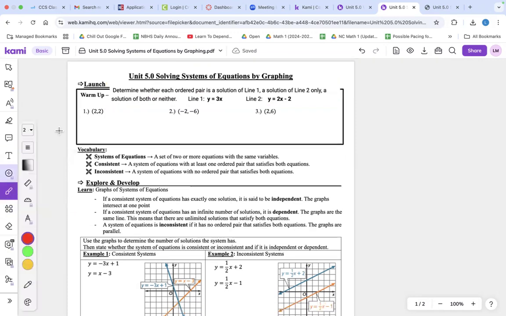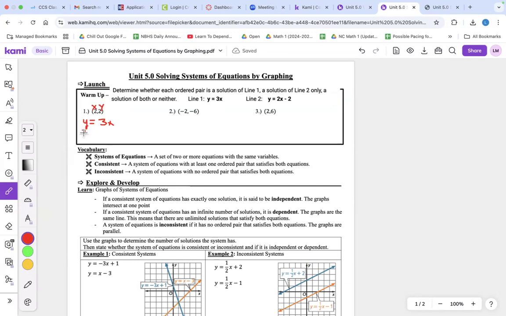We know that this is x value, and this is y. So let's get our equation, and our equation is y equals 3x. All you're going to do for this one is substitute 2 for y.